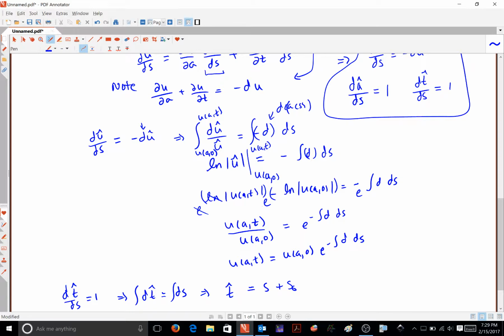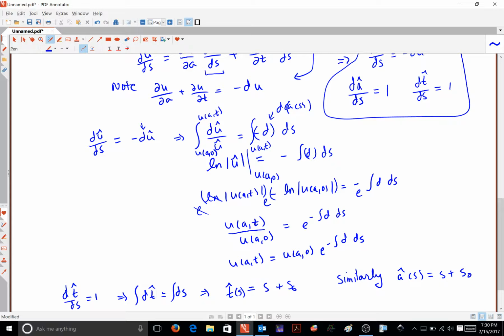That gives us our t hat as a function of s, and similarly your a hat is going to be some s plus some s0. But it's some other s0 from the first one. It's some initial condition for that.